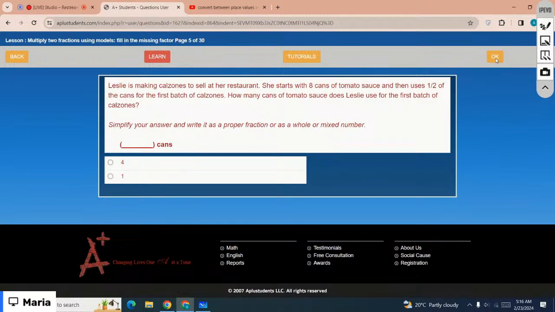Leslie is making calzones to sell at her restaurant. She starts with 8 cans of tomato sauce and then uses half of the cans for the first batch of calzones. How many cans of tomato sauce does Leslie use for the first batch of calzones? So which is the correct option? She has 8. She used half of them.